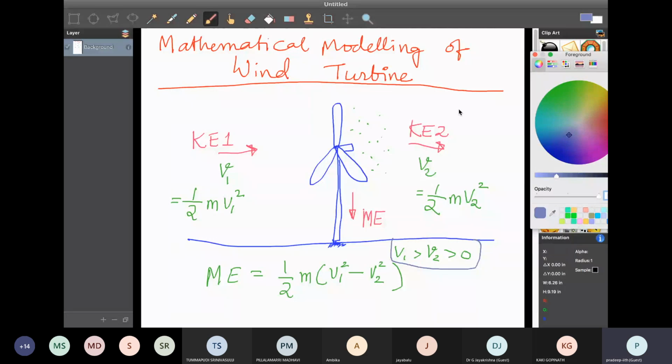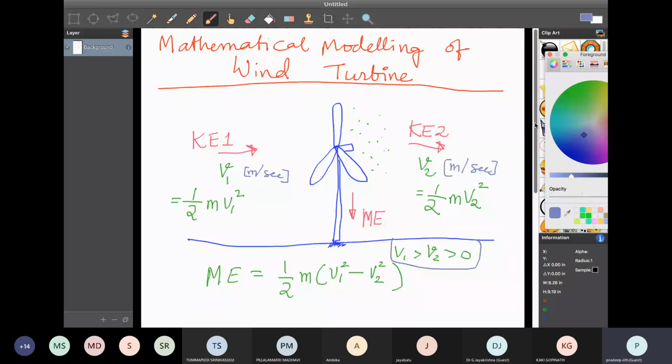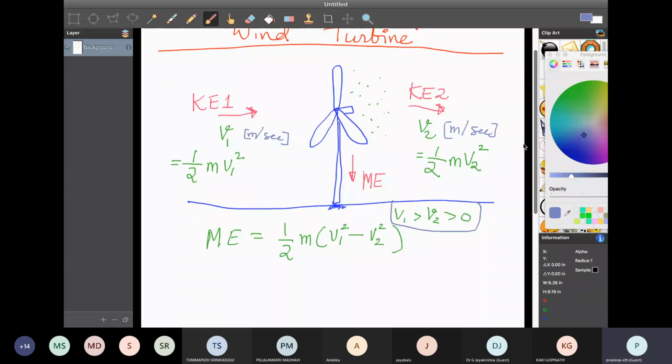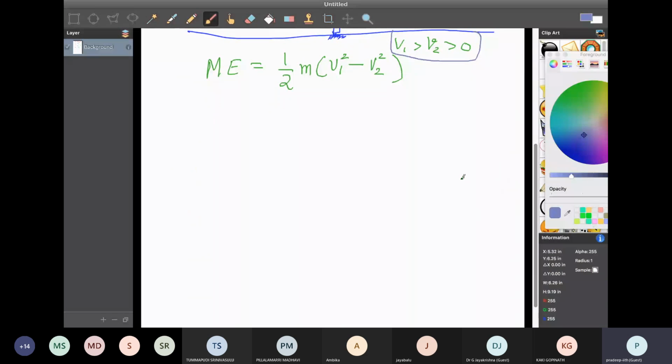So good. Here, let's also make a note of the units. Here the unit is meters per second, and here the unit is meters per second. Let's continue. Now I have this expression for mechanical energy. Energy divided by time will be power.